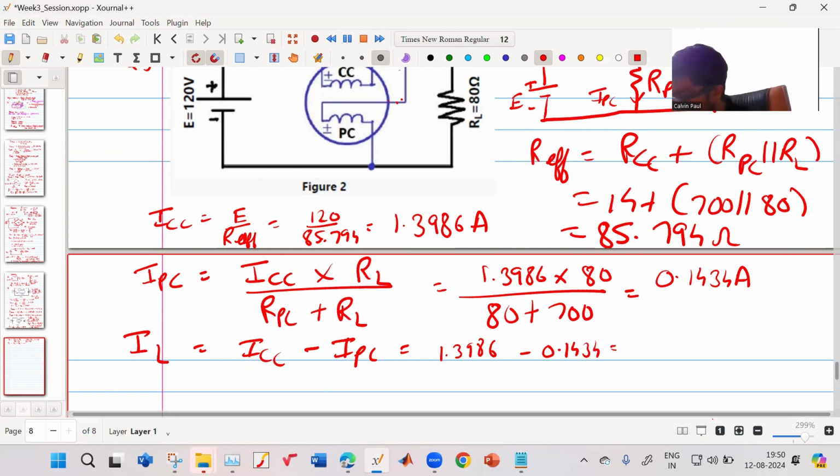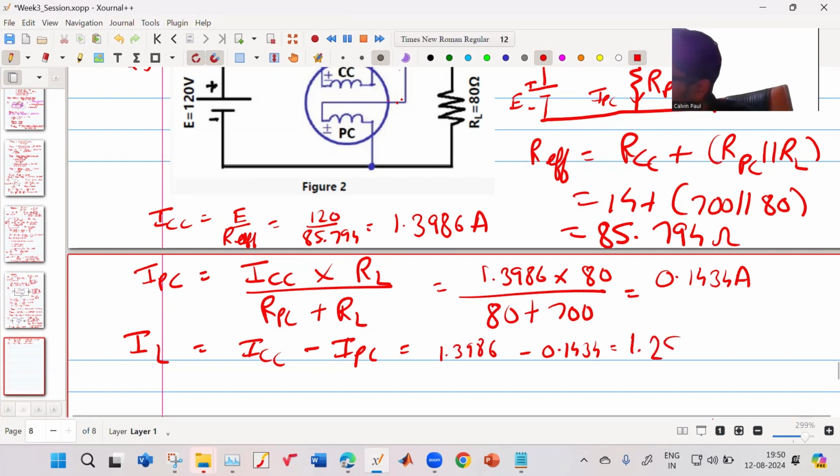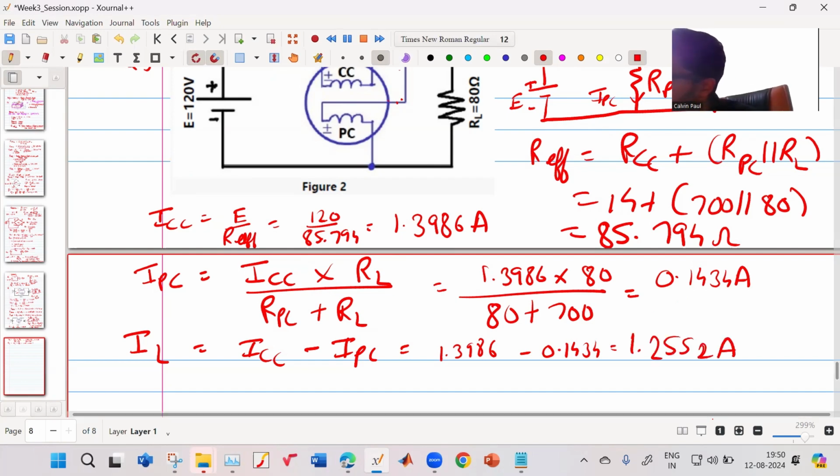How much is that? 1.25. So this is 1.2552 ampere.